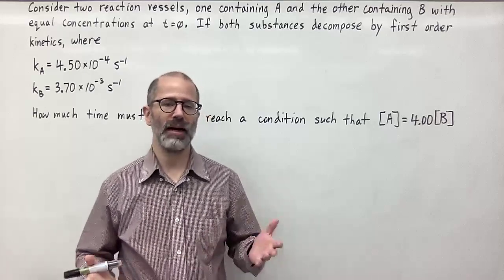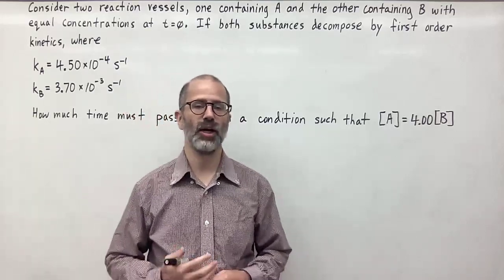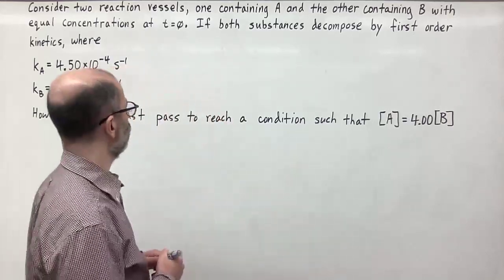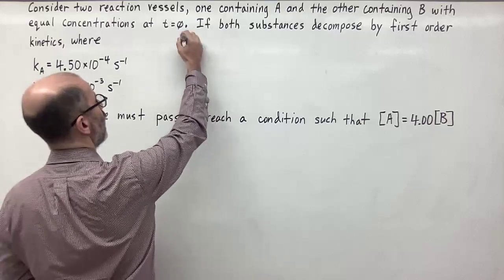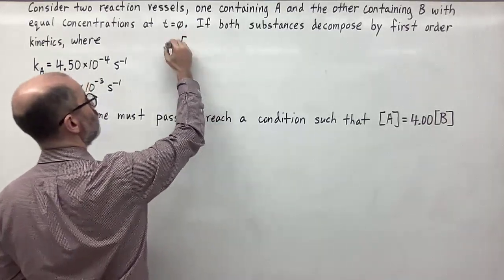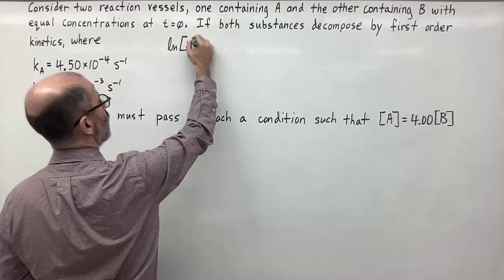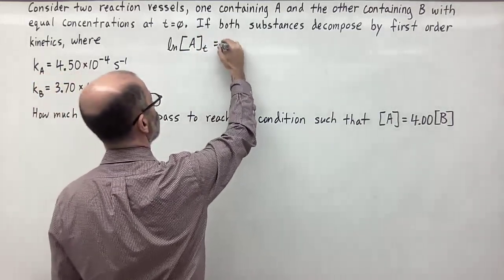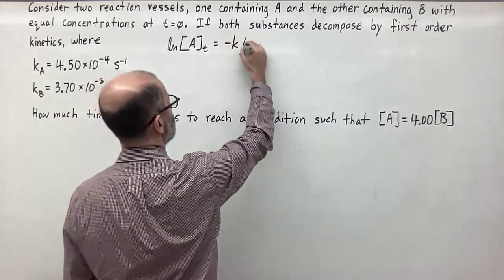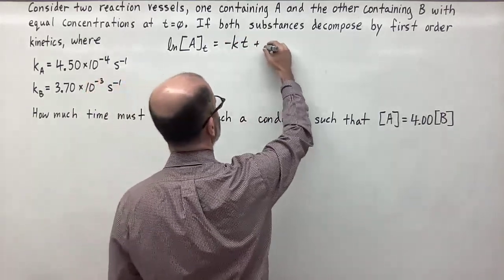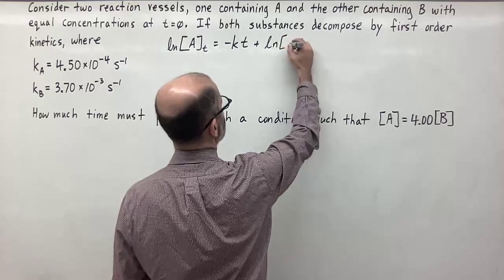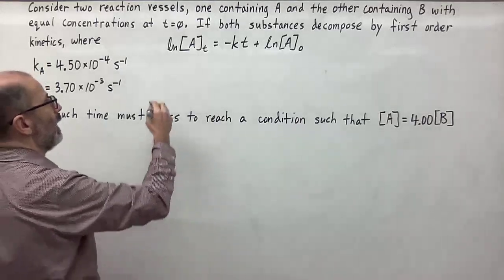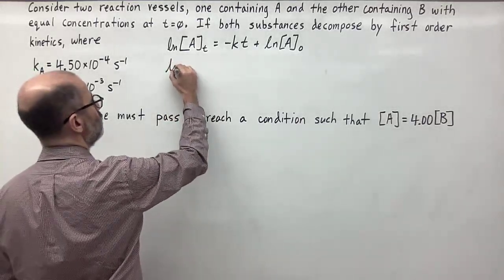Well, let's start by writing out the equations for the integrated rate law for a first order reaction for both A and B. Okay, so for A, we have the natural log of the concentration of A at time t is going to be equal to negative kt plus the natural log of the initial concentration of A. And for B, it would be the same.